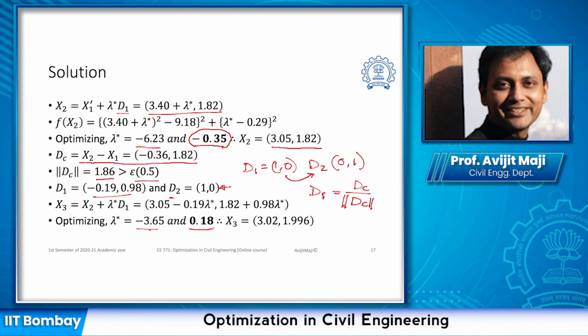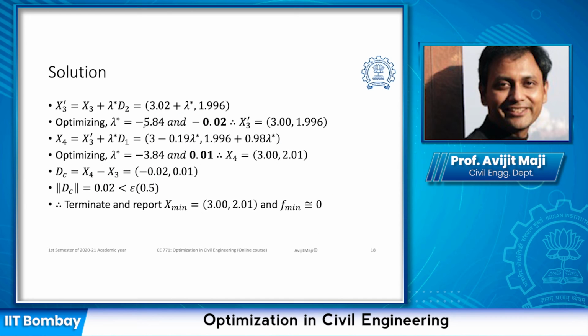So with this value we'll get the new point as (3.02, 1.996). Now from this location we are going to go to the second direction, and as we do that, again we obtain two different optimized lambda values, and we are going to choose this particular value to obtain the new location.